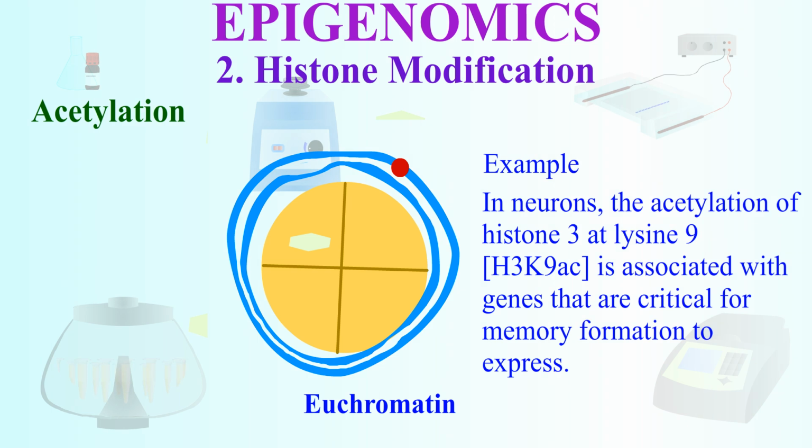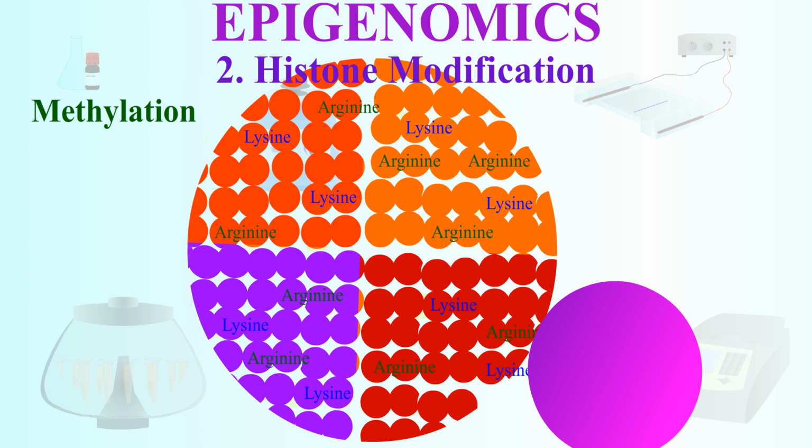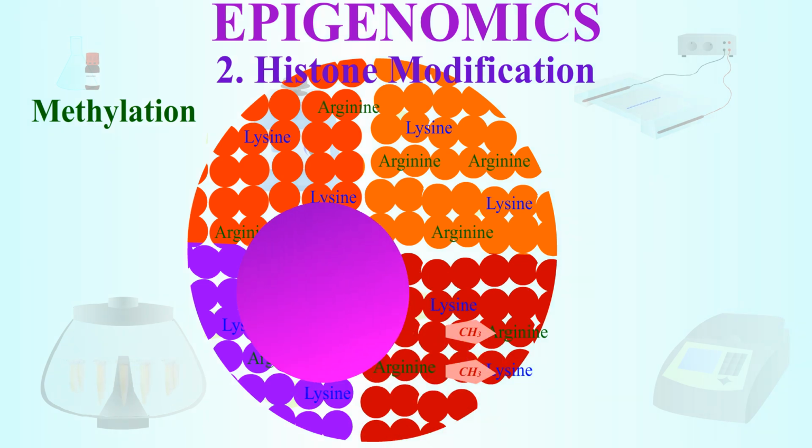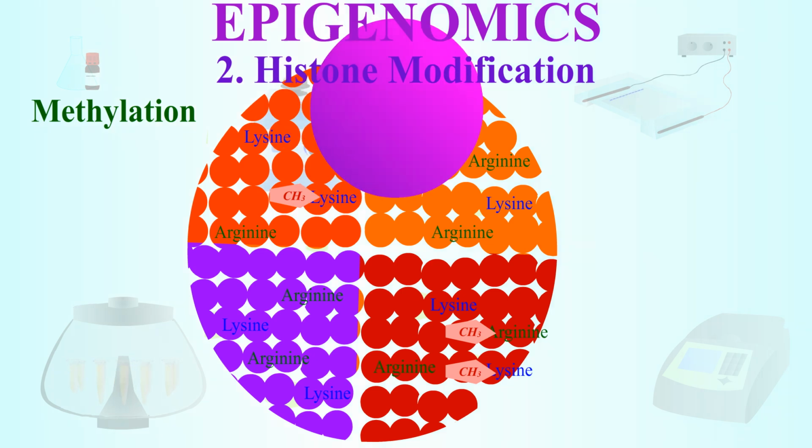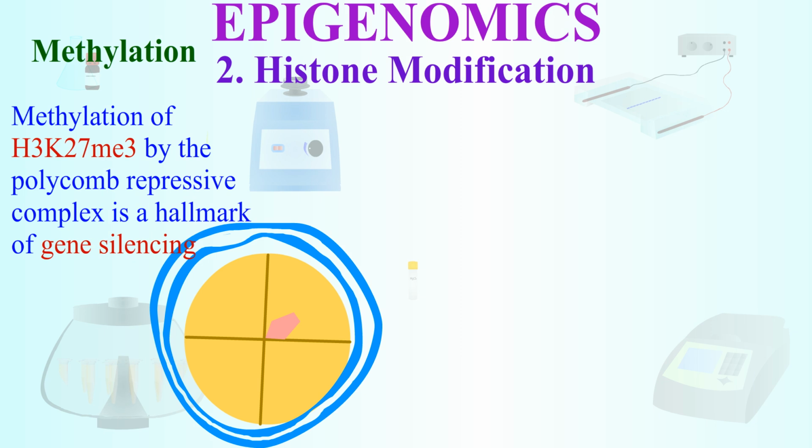For example, in neurons, the acetylation of histone 3 at lysine 9 is associated with genes that are critical for memory formation to express. Meanwhile, methylation of lysine or arginine residues on histones can silence or activate the gene, depending on the site of methylation.